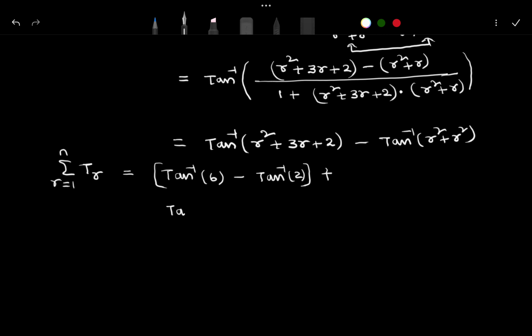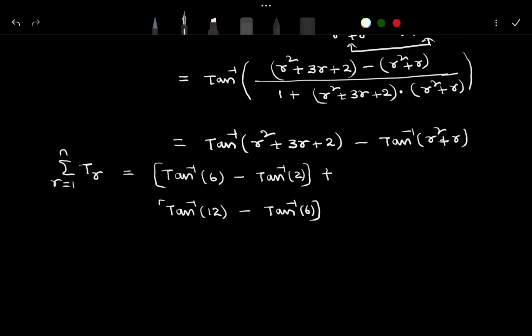So tan inverse of 12 minus tan inverse of, here this will not be r squared, this is r only, r squared plus r, that is 4 plus 2 is 6. This value will be tan inverse of 6.